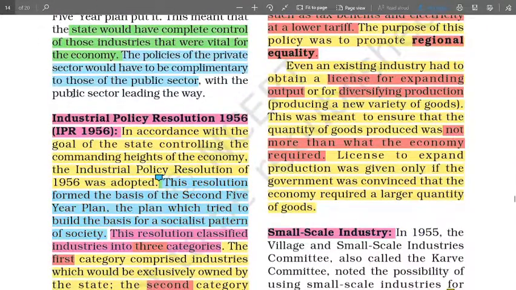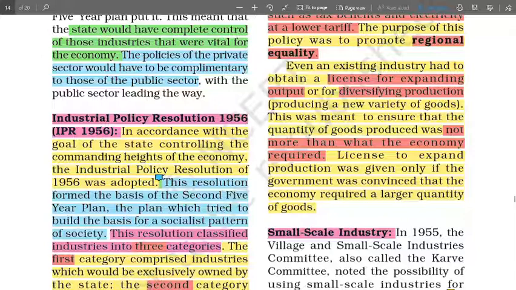Okay, so the state would have complete control over those industries which are vital for the economy, like basic industries: iron, steel, cement, and so on. Government has to take the front in setting up those industries. And there was also encouragement for private industries, but the policies for the private sector would have to be complementary, working together with the government-owned industries.